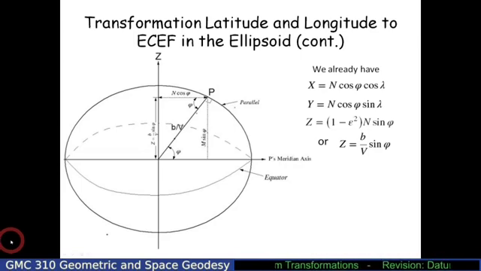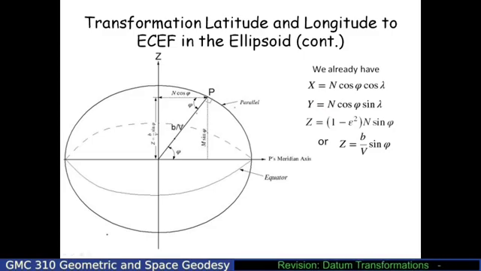So x is n cos phi cos lambda, same for y, n cos phi sin lambda, and z is 1 minus epsilon squared n sin phi. You can also use b over v sin phi. This is most probably the easiest way to start, because once you've got those, you can convert between spherical Earth and ellipsoidal Earth, and it just makes things slightly easier.